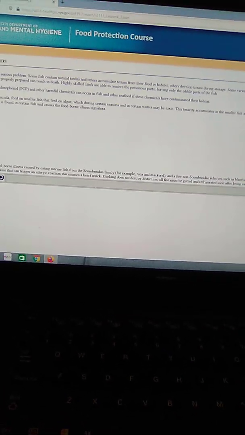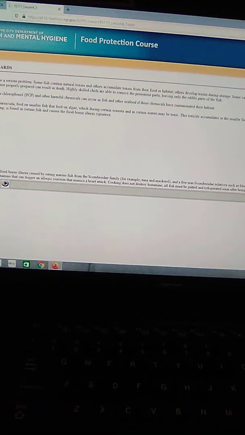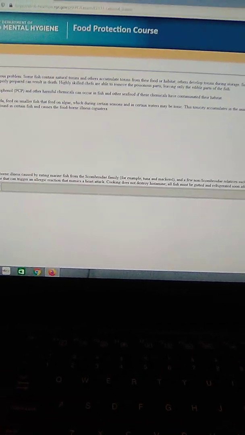Scombroid poisoning is another foodborne illness caused by eating marine fish from the Scombroidae family, for example tuna and mackerel, and a few non-Scombroidae relatives, such as bluefish, dolphin, and amberjacks.